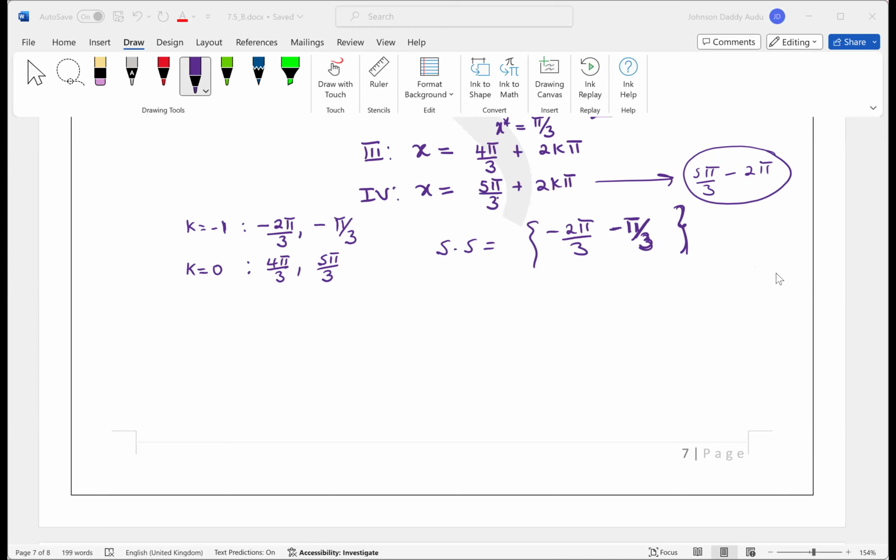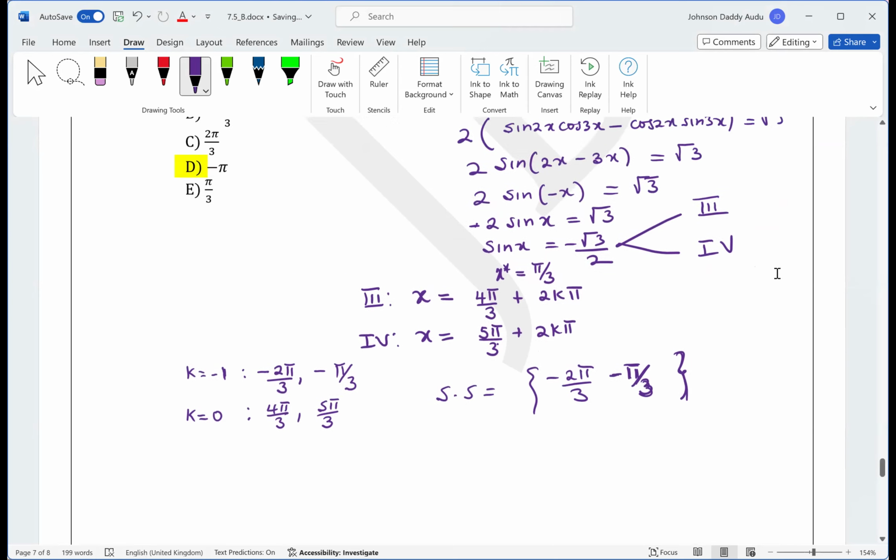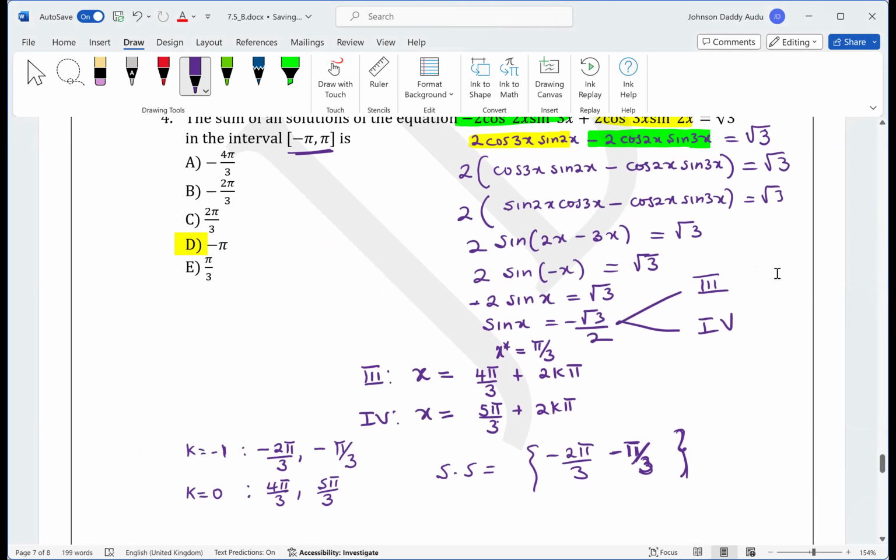Okay, so now let me just explain something, because sometimes looking for the right k to use is not that easy, especially when the interval that we need is not 0 to 2 pi. So for example here, just to buttress, you see the interval is from minus pi to pi.